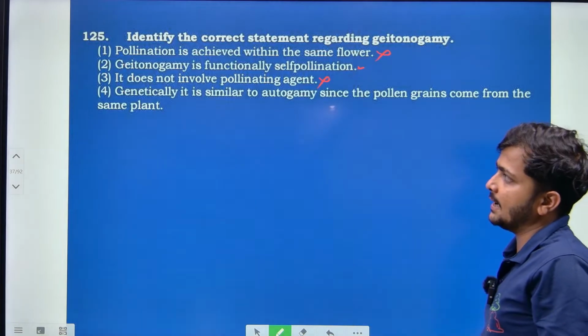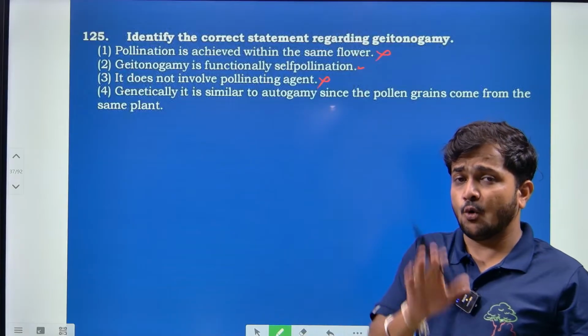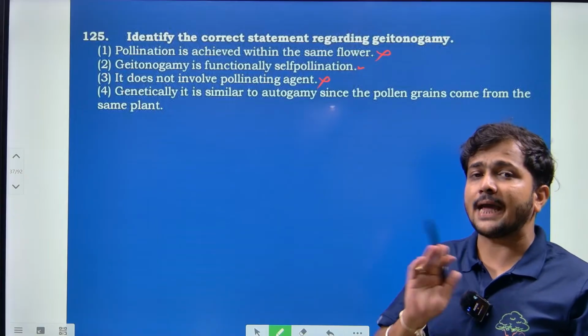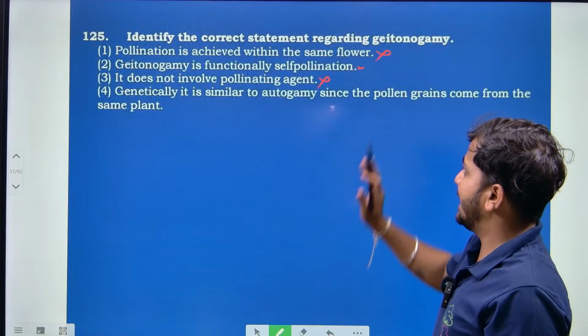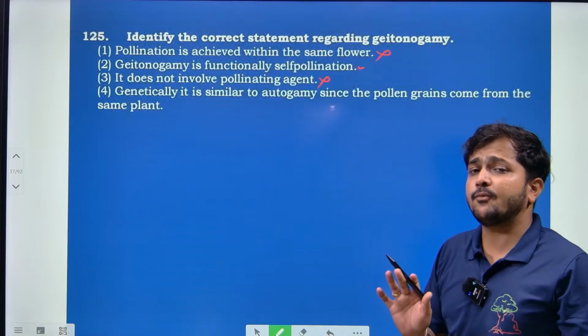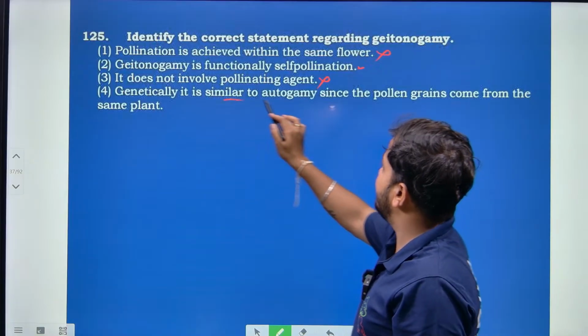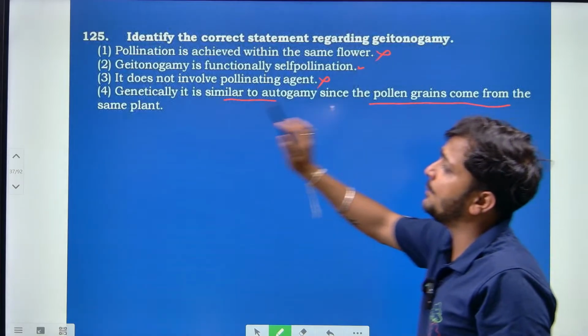So it is incorrect, because with respect to angiosperms, both the gametes, male and female, are non-motile, and to carry out the movement they require pollinators. And geitonogamy is a type of pollination itself, right?